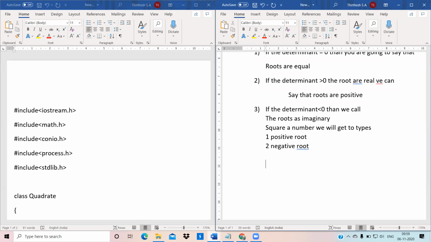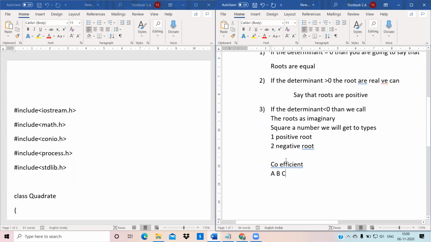So for input, we are going to take coefficient A, B, and C.